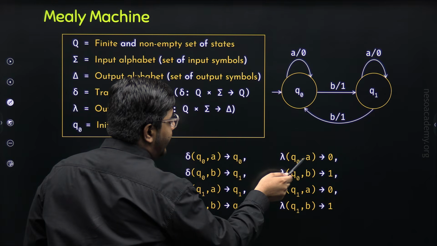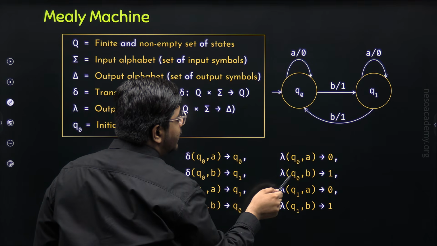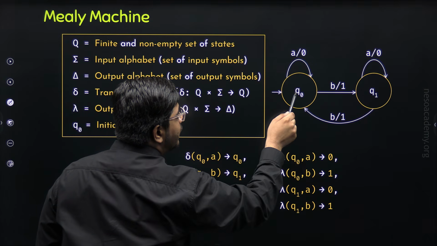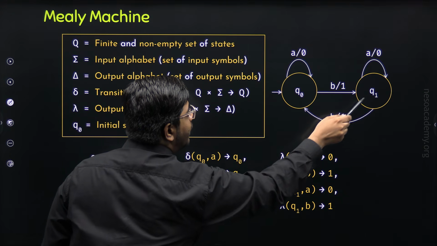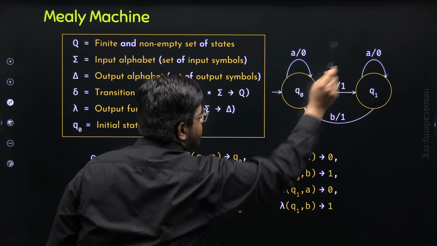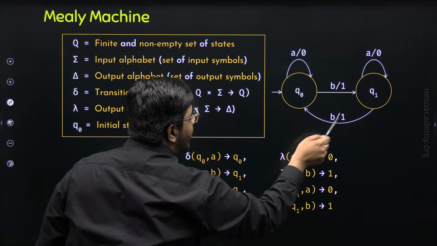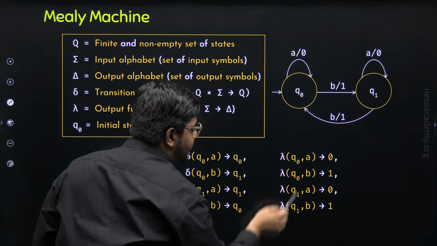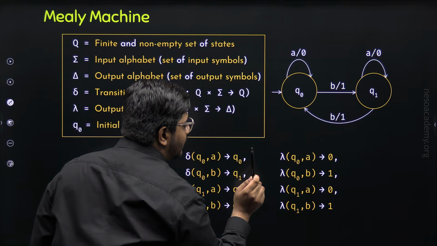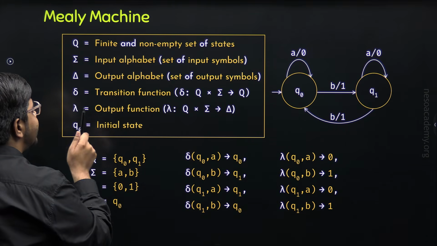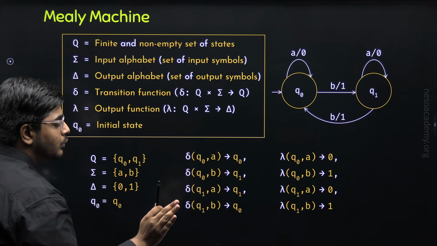So Q naught on A gives the output 0, Q naught on B gives 1, Q1 on A gives 0, Q1 on B gives 1. So the present state and the current input symbol determine the output symbol.